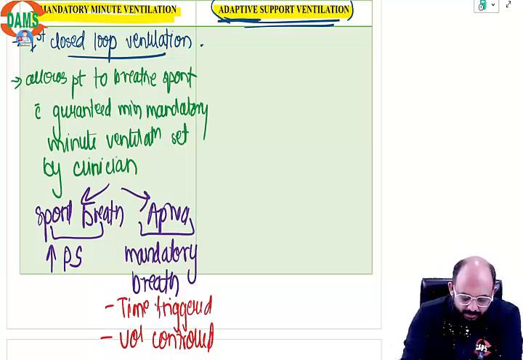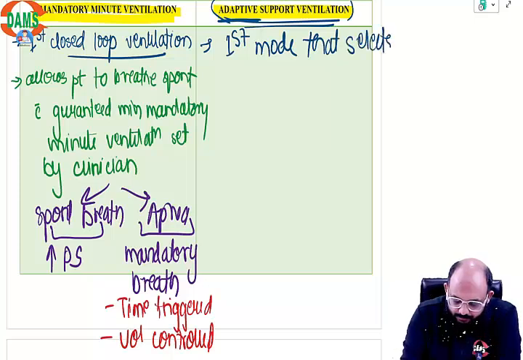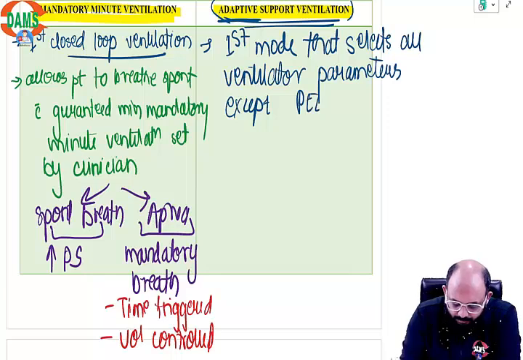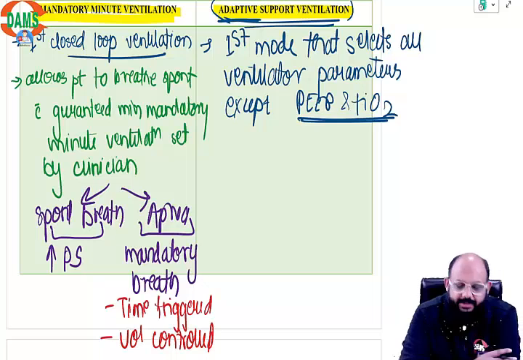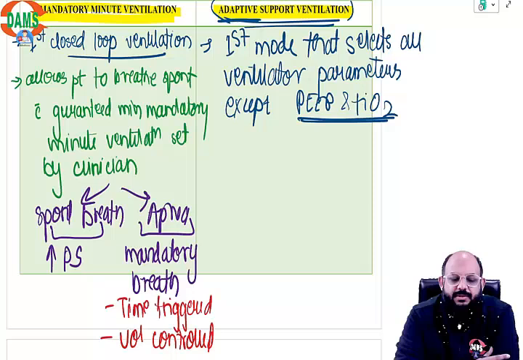So this is the first mode that selects all parameters except PEEP and FiO2. Only two things that you select are PEEP and FiO2. Everything else it does on its own.